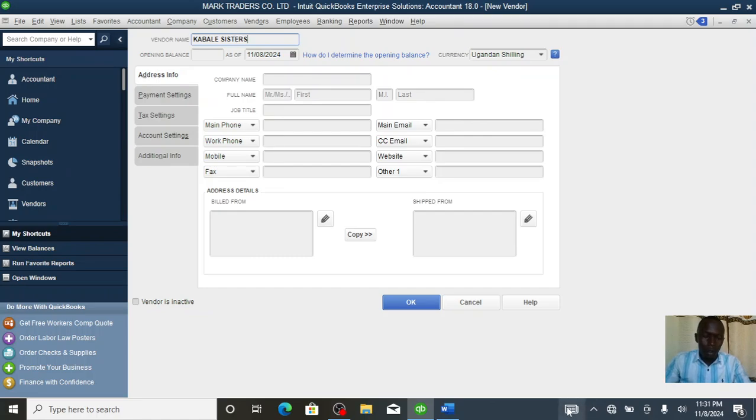The opening balance is 1,700,000. Our opening date is 1st January 2023.